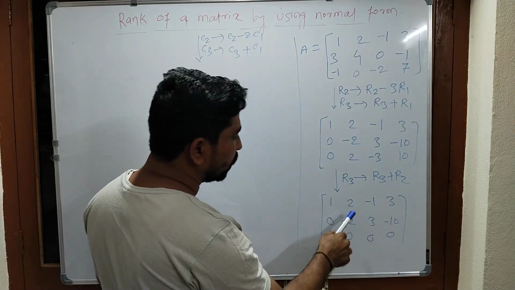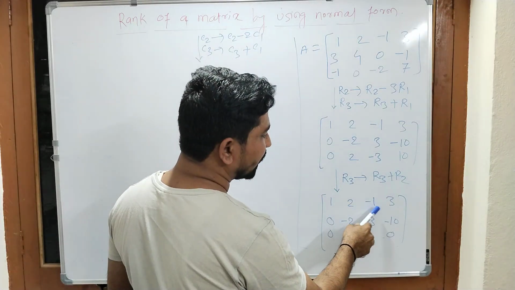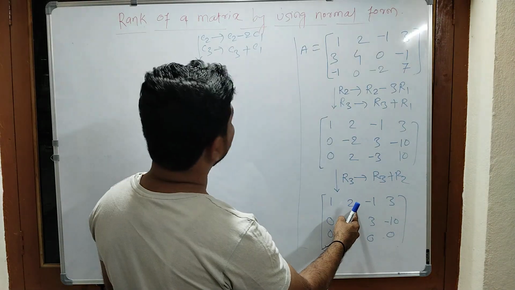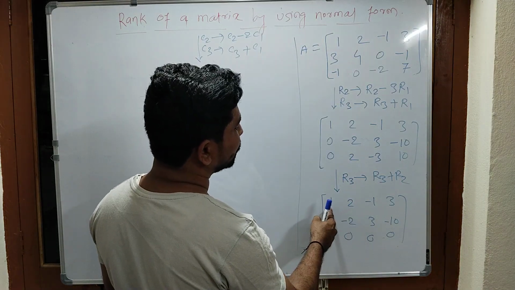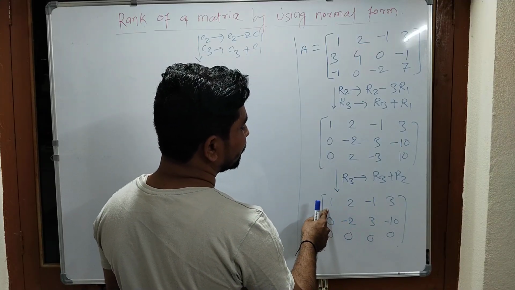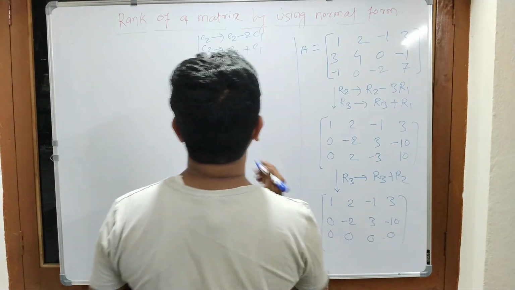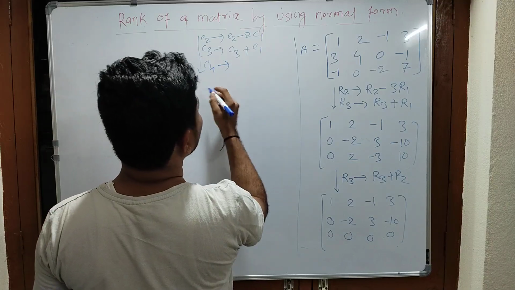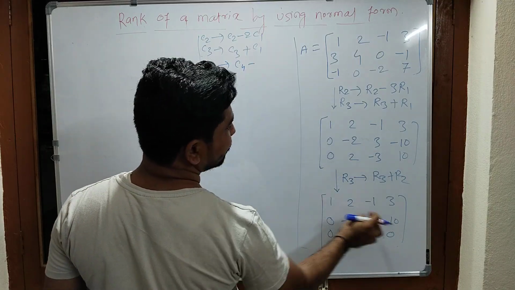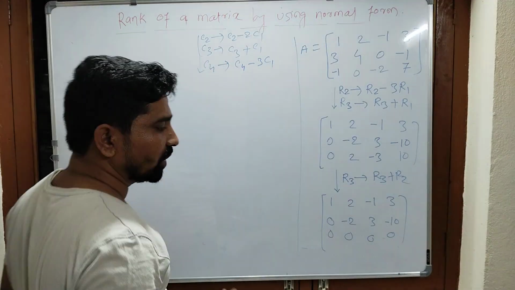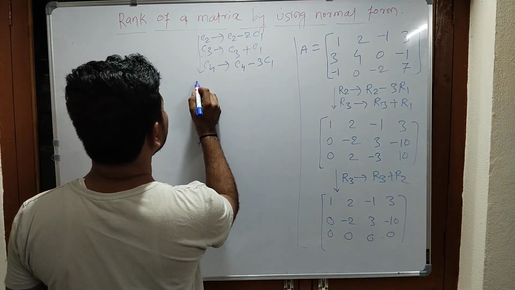I want to make this 2 as 0, this minus 1 as 0, and this 3 as 0. So I apply C2 changes to C2 minus 2 times C1, C3 changes to C3 plus C1, and in the same way C4 changes to C4 minus 3 times C1. Now tell me the resultant matrix.